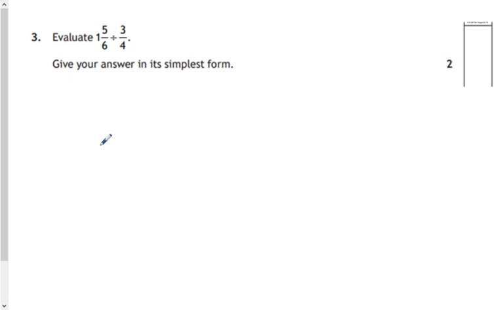Evaluate 1 and 5/6 divided by 3/4, giving your answer in its simplest form. So if we're going to do this divide, what would be easier is to first turn our fraction into a top-heavy fraction. So we get 1 and 5/6 divided by 3/4 becomes, multiply by the bottom and then add that onto the top, 6 plus 5 becomes then 11 over 6 divided by 3 over 4.